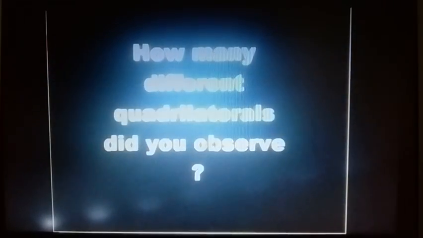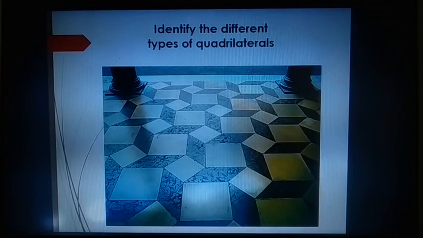How many different quadrilaterals did you observe in the video? Now identify the different types of quadrilaterals shown in the figure.